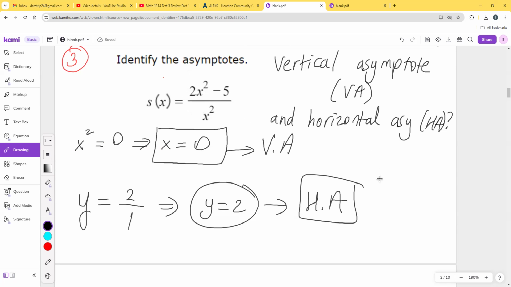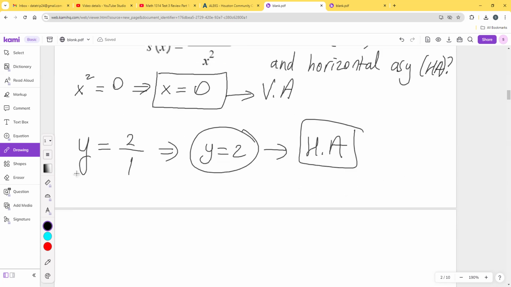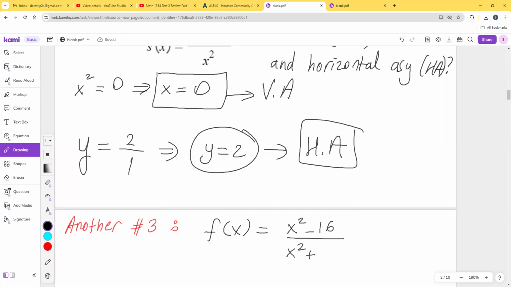All right. What if on the test, I give you this question in this format? Let's write another one, number 3. What if I gave you a function like f of x is equal to x squared minus 16 over x squared plus 25?